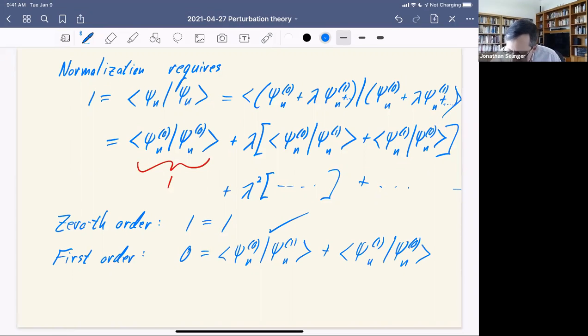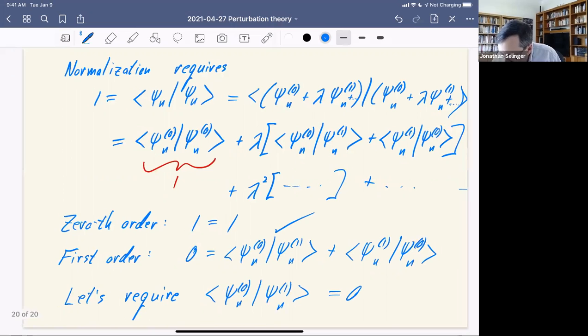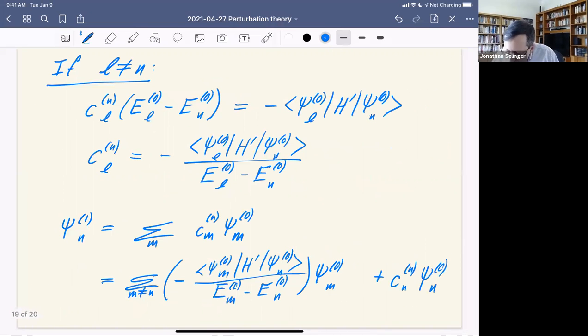We can certainly make this true by requiring that psi 0n and psi 1n be perpendicular to each other. Here is psi 1n. Let's require that this should be perpendicular to psi 0n.